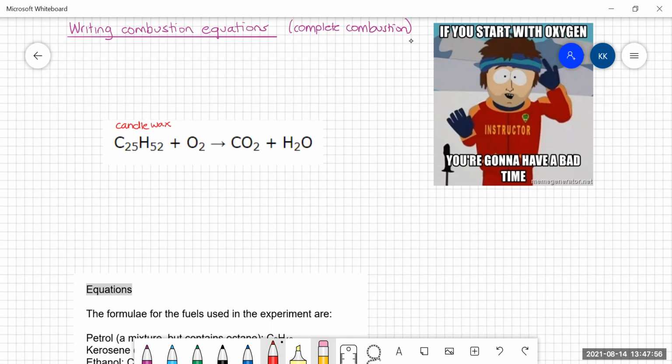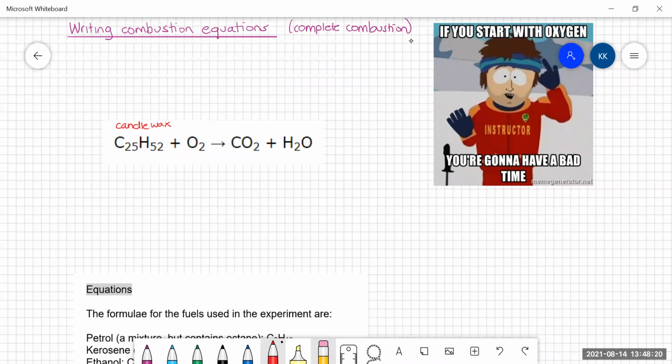Now, the way we're going to approach this is using the law of conservation of matter. And of course, you remember that says that matter or atoms cannot be created or destroyed during chemical reactions, which means every single thing that's there at the start has to be there at the end, and everything that was there at the end had to be there at the start.